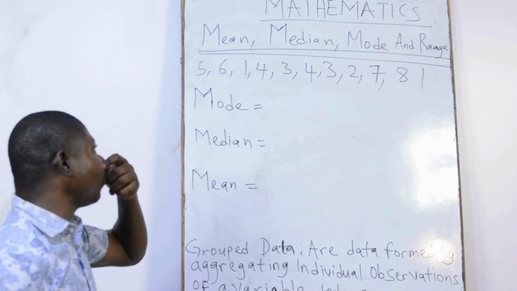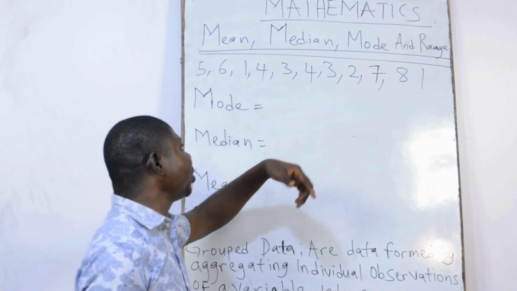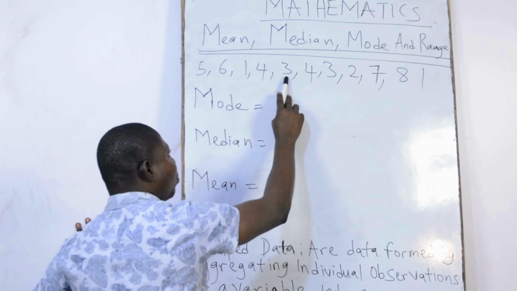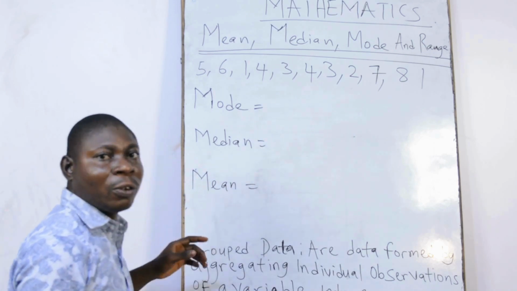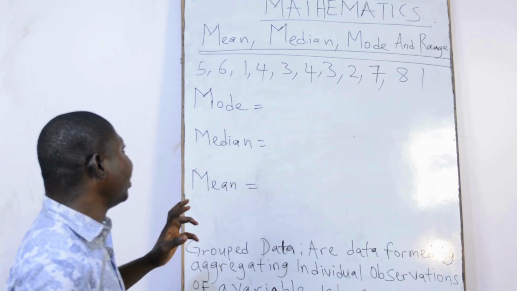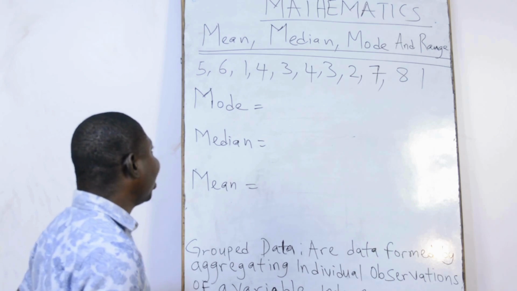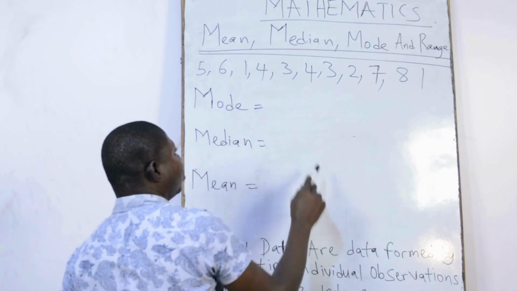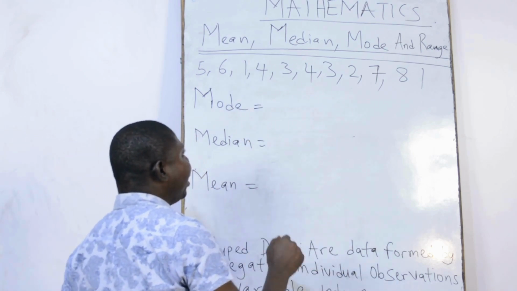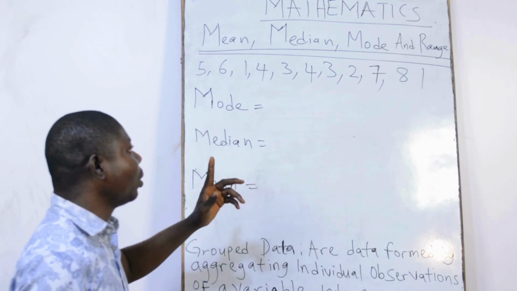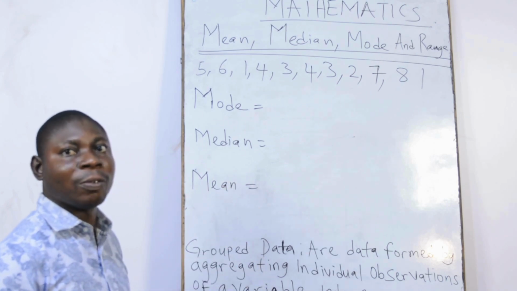Then let's check for 3. How many times does 3 occur in this question? We have 2 times. Then how many times does 4 occur? We have 2. How many times does 7 occur? We have 1. 8, we have 1.